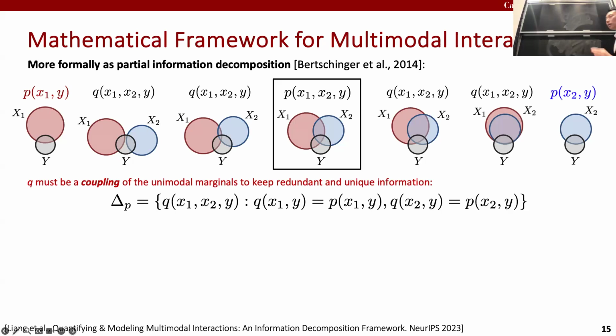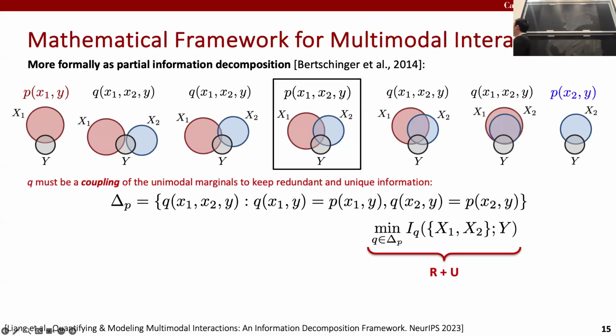Making sure Q satisfies these couplings keeps the same amount of redundant and unique information because redundancy and uniqueness are encoded within these couplings. And that means you can find the distribution Q within the set of Qs that has the least total information. That keeps the redundancy and uniqueness the same, but minimizes the synergy to 0.